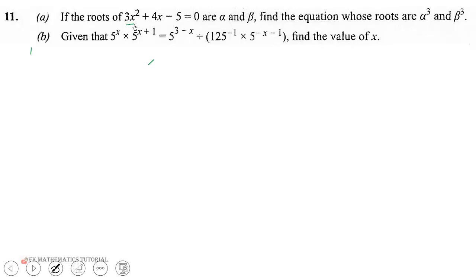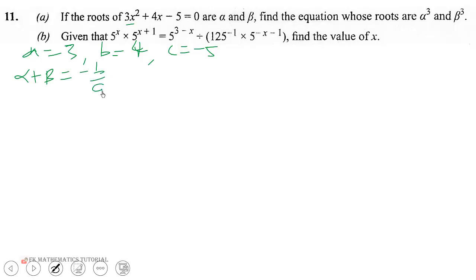So with this equation, we have a equal to 3, b equal 4, and c equal to -5. So we know that the sum of roots, alpha plus beta, is given by minus b over a.